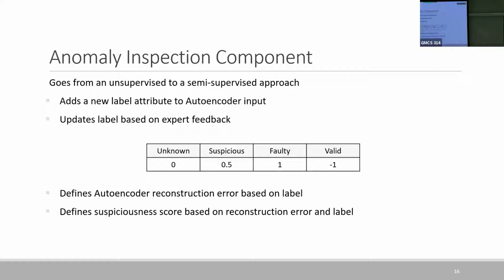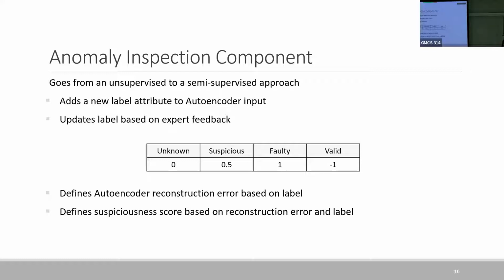Finally, the anomaly inspection component is where we are moving from a totally unsupervised approach to a semi-supervised approach by incorporating the expert feedback into our model. So we use a new label input as the input of our autoencoder model, and this label input is updated based on the expert feedback.